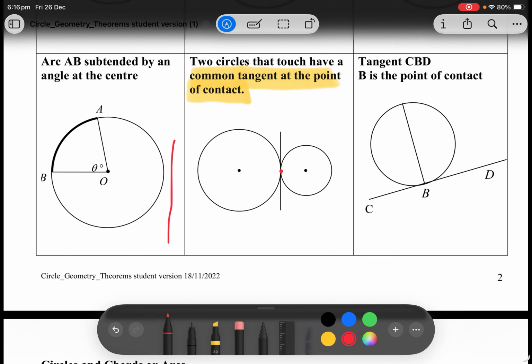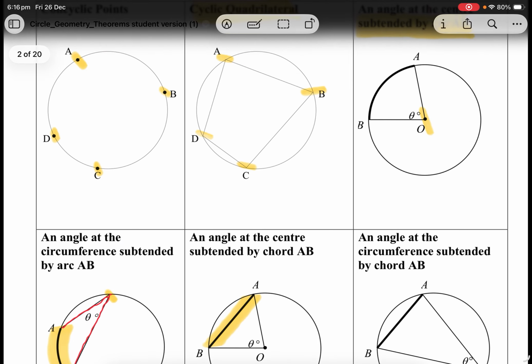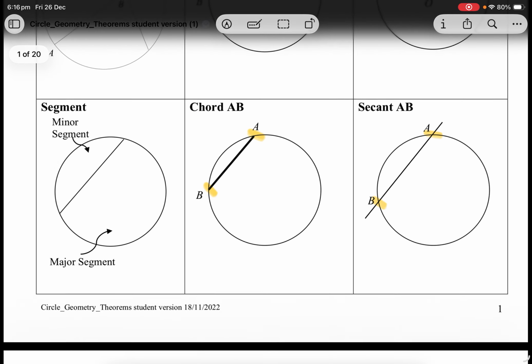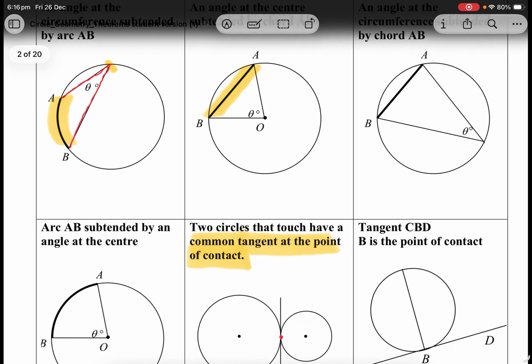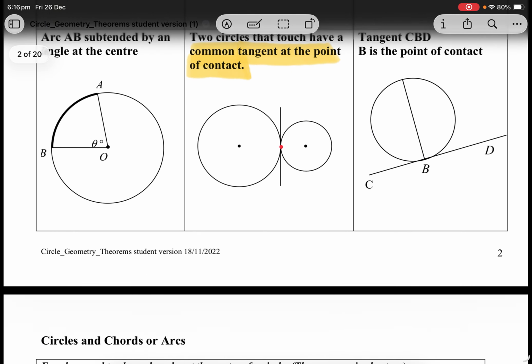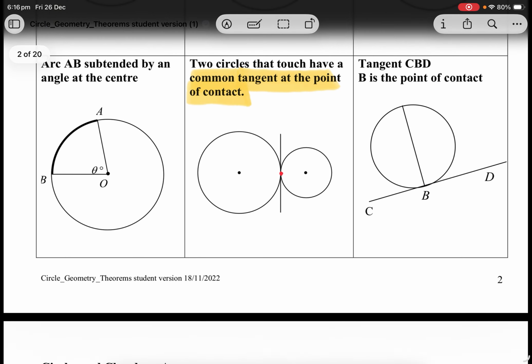If you look back at our secant, it cuts through, so it goes all the way through here to here. Our tangent is at the circumference and it touches it at one point. A feature of two circles when they touch is that they will have a common tangent at the point of contact. That should be relatively intuitive as well.